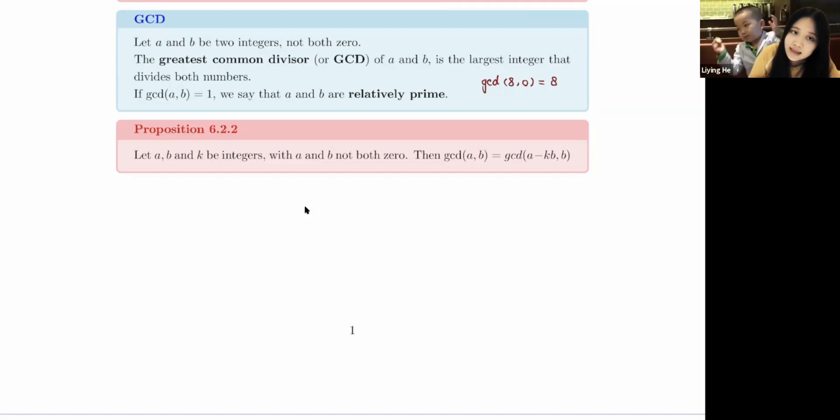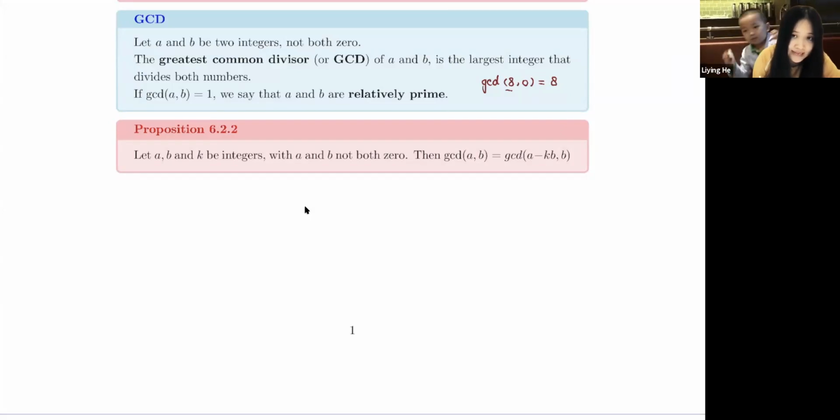Because any number is divisible by 0. Okay, so in this case it will be 8. Yes, except itself.